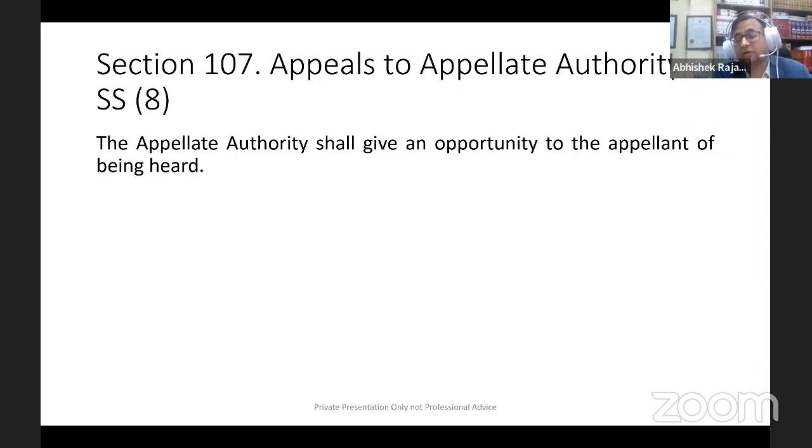Usually, what I have seen is that authorities don't write elaborately what has happened in the personal hearing. Rather, they write that advocate Abhishek Rajaram or chartered accountant Abhishek Rajaram or authorized representative Mr. Abhishek Rajaram has visited and read his submission in personal hearing.